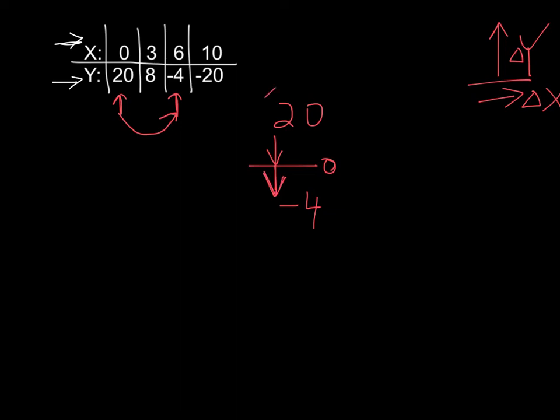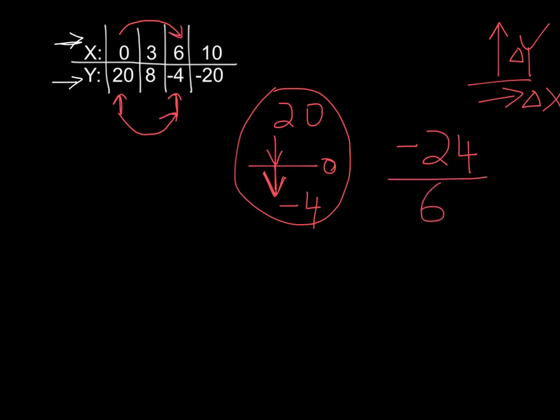So what is the change from 20 to negative 4? It's actually down 24 steps. And how long does it take to get there? From 0 to 6? Well, that one at least is easy. 6 steps. Negative 24 divided by 6 equals negative 4. And that is our slope.